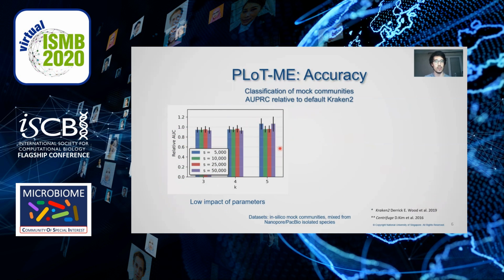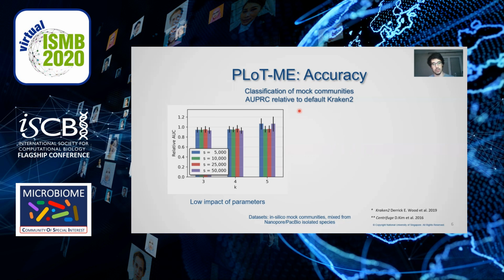We benchmarked PLoT-ME against Kraken without the clustering. So we normalized all the results of the area under the precision-recall curve with the default settings. What we have seen is that K and S have a limited impact on it.